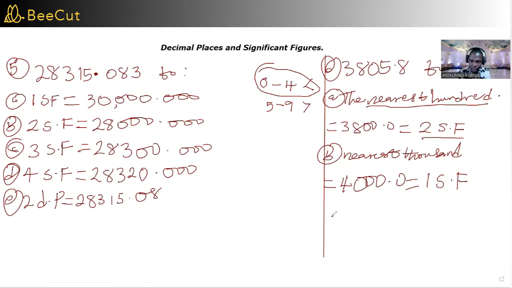Okay, let's consider the same number, 3,805.8. Want to round it to the nearest 10? Who is going to do that for us? Joanne? To round this number to the nearest 10.